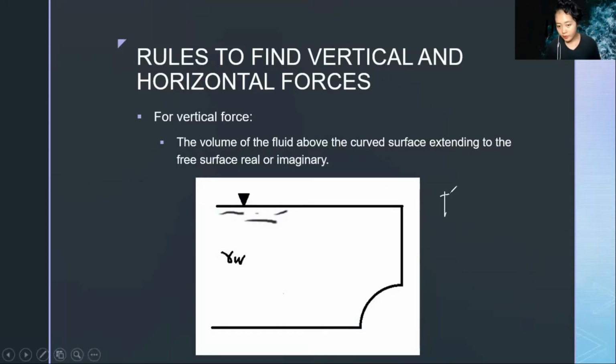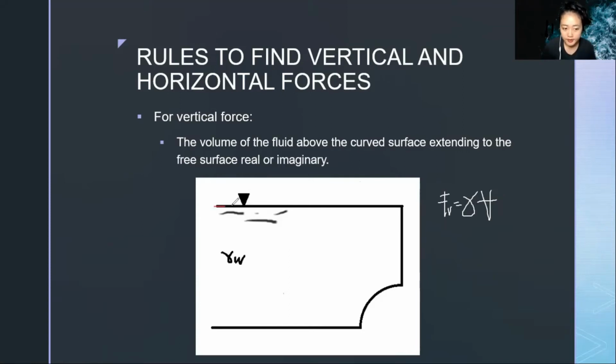The equation for FV, the vertical force, is gamma times the volume of the fluid.